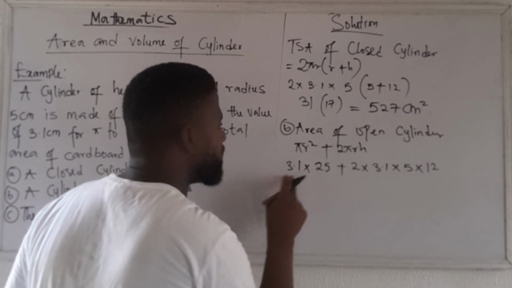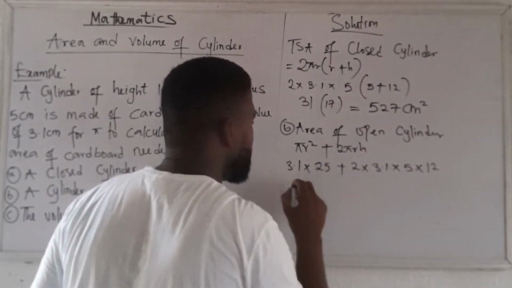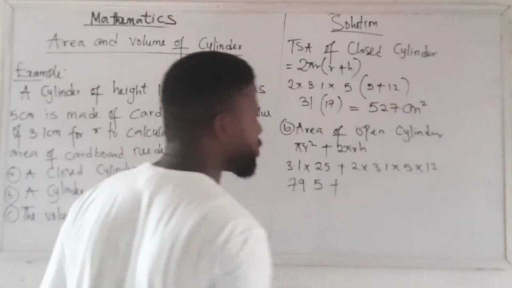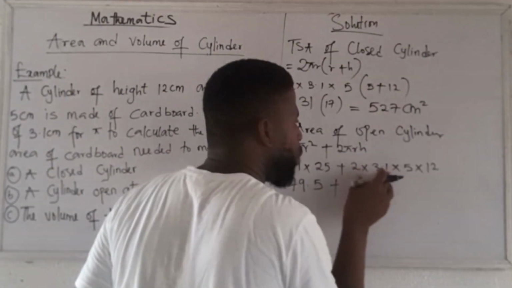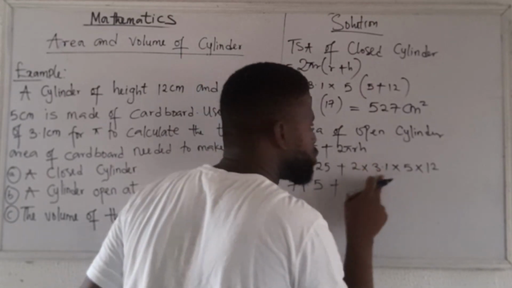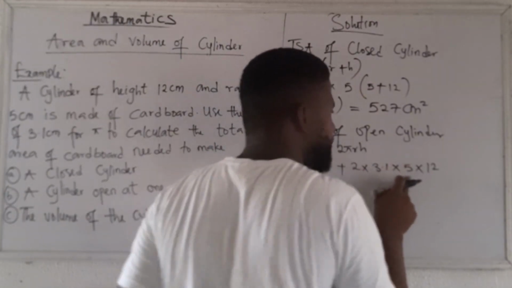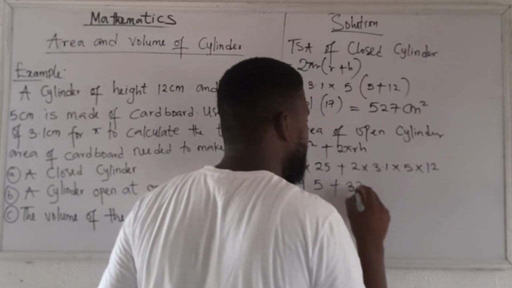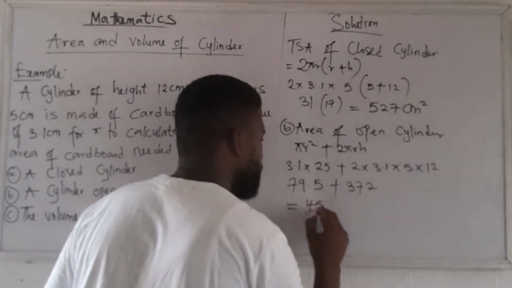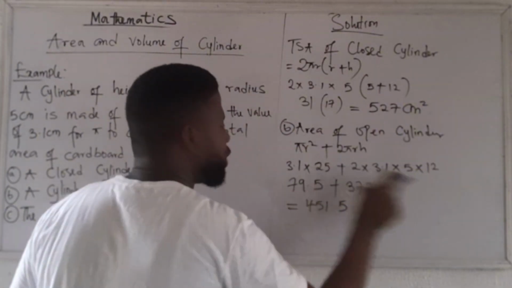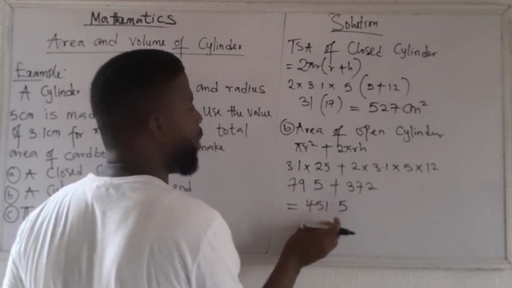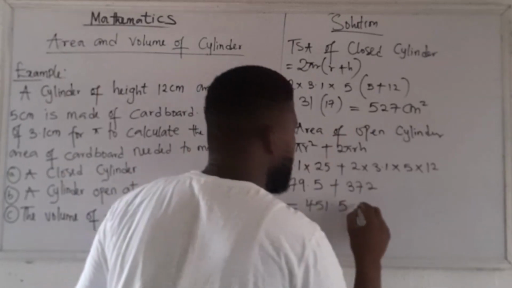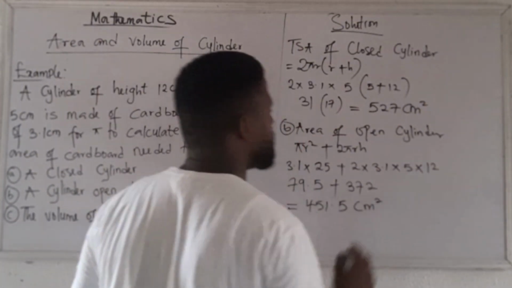So 3.1 times 25 will give us 77.5, plus 2 times 3.1 is 6.2. 6.2 times 5 is 31. 31 times 12 will give us 372. So the addition of these two gives us 451.5. So the area of the open cylinder is 451.5 centimeter square.